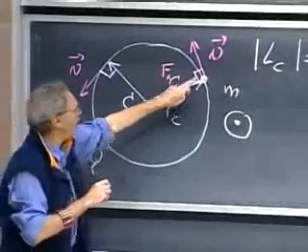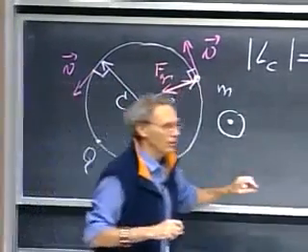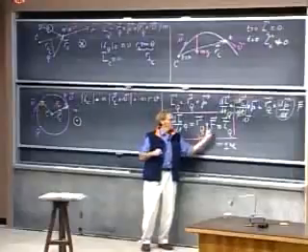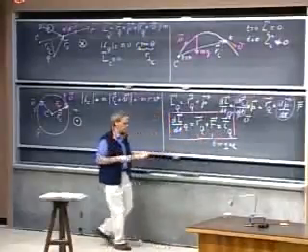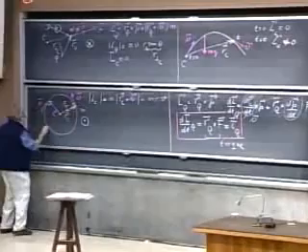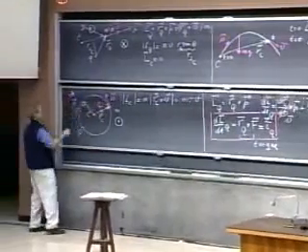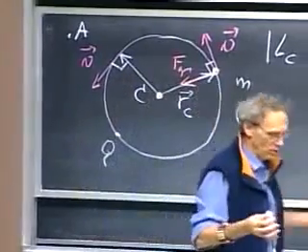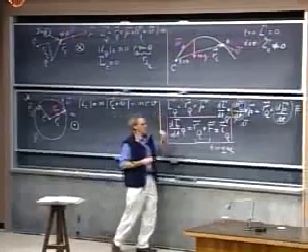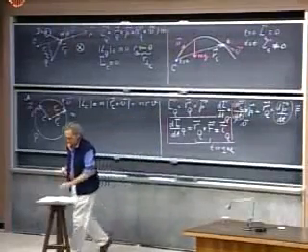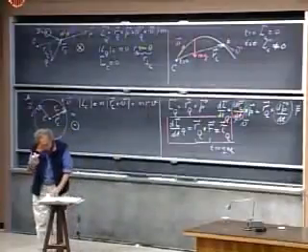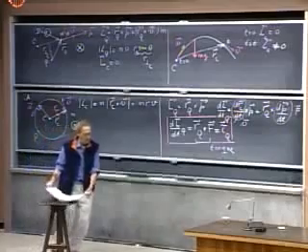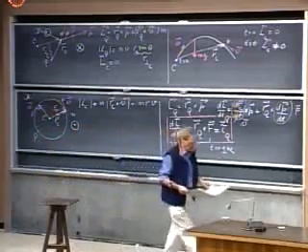Therefore, no matter where you are on the circle, always r cross F will be 0. There is no torque relative to point C. But if you take point Q, or you take here some point A, clearly there is going to be a torque, a changing torque even. And so there you will have a change of angular momentum. So there's something very special about that point C. And I will come back to that, of course.